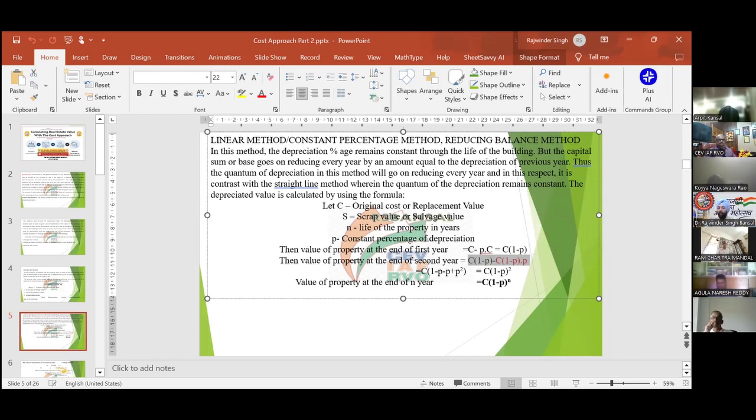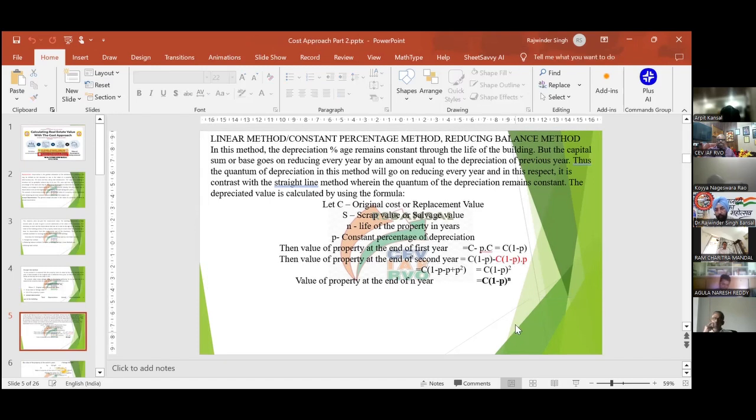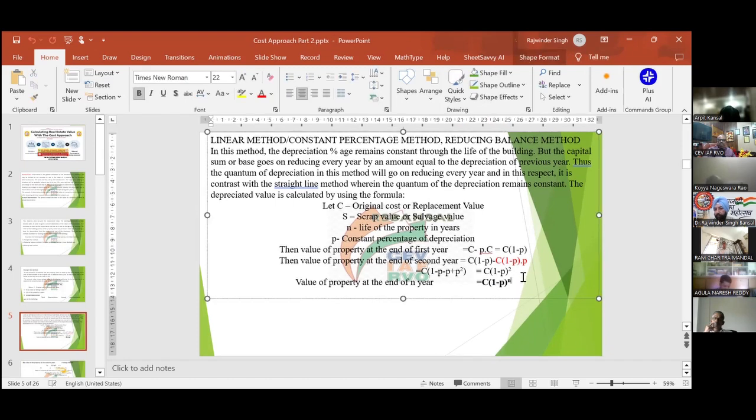If you rearrange it, you will get C into (1 minus P) squared. Similarly, the value at the end of the nth year will be C into (1 minus P) raised to the power n. So this is the basic formula.